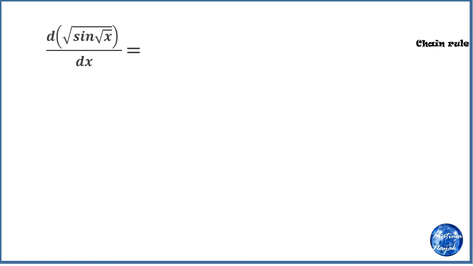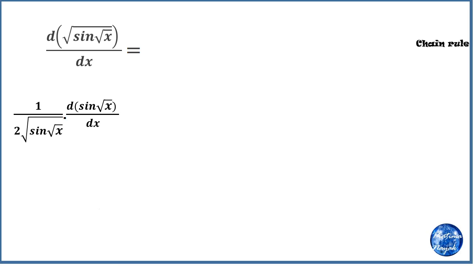So whatever is under root, we'll write 1 by 2 sine under root x multiplies. Now next inner function is sine root x, so I'll write d of sine under root x dx.